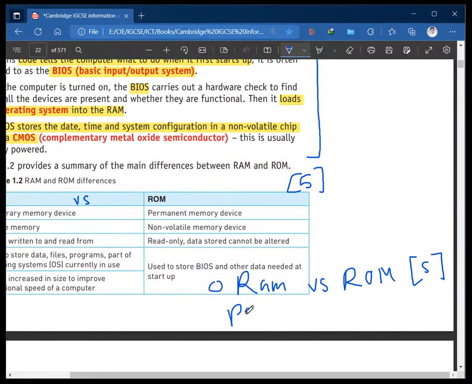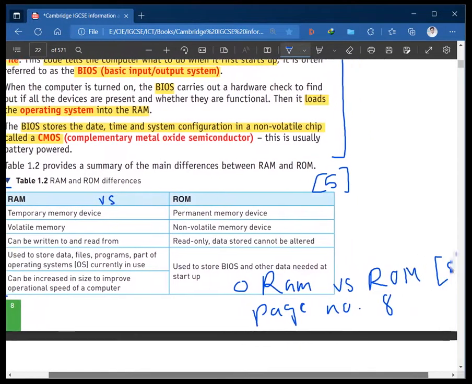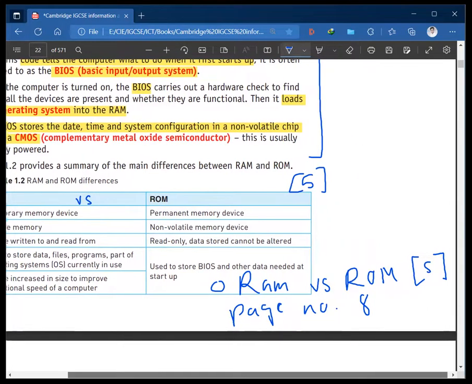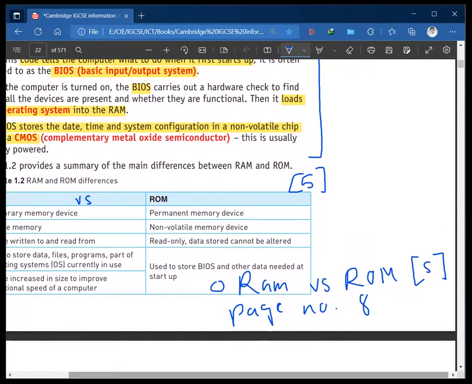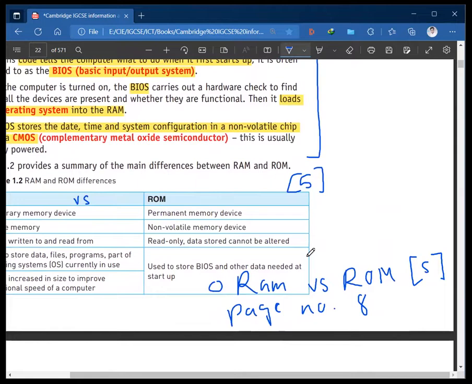And you'll give page number 8. Tell me when you're done writing. Done?